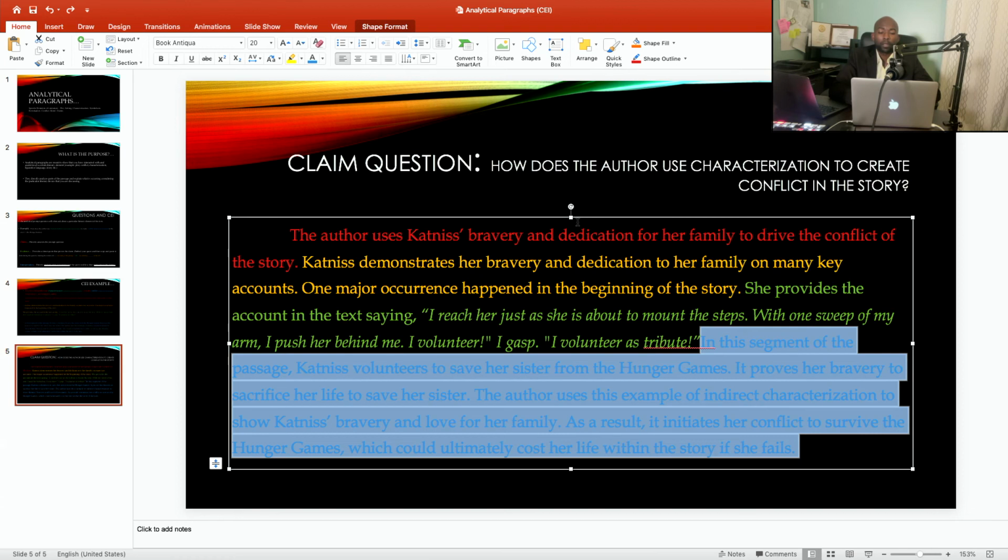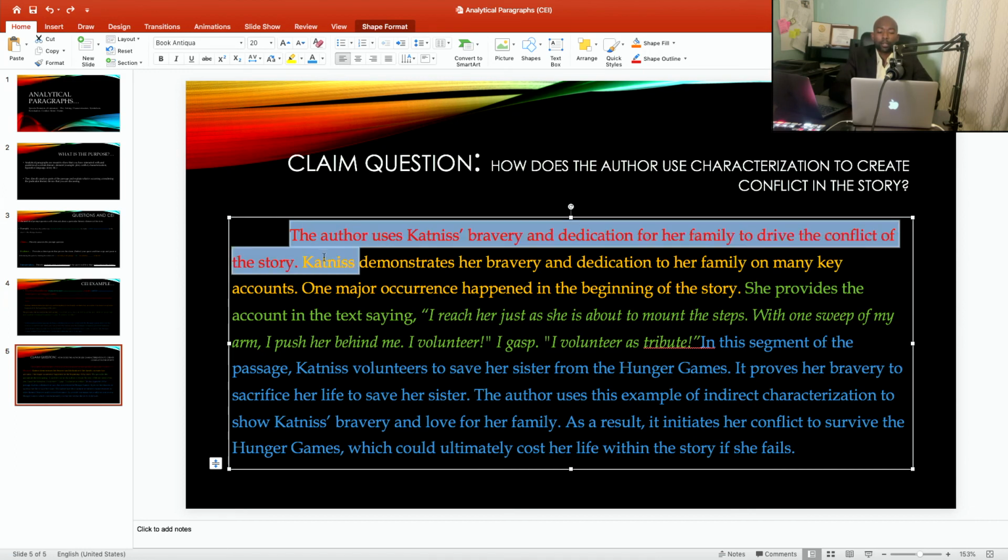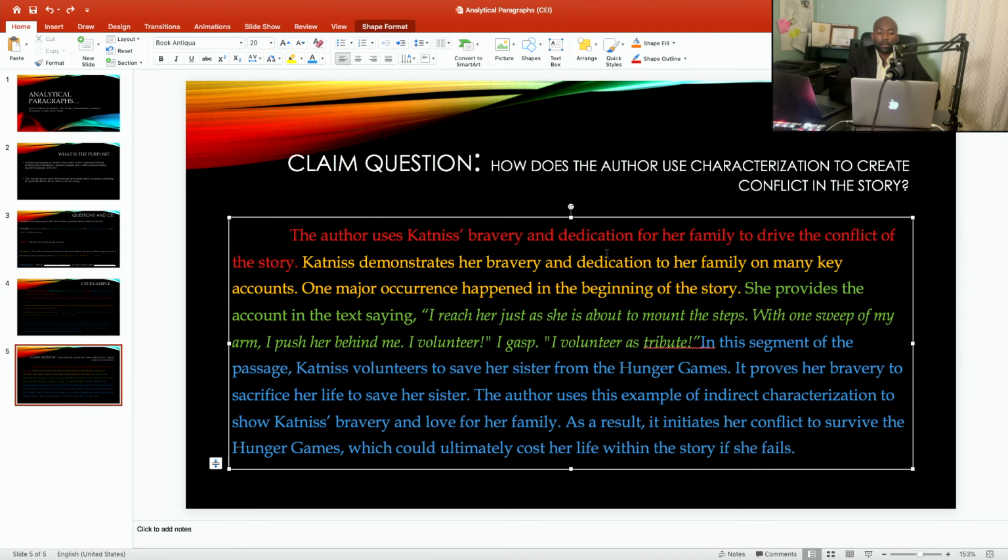I'll just read it through. It says the author uses Katniss's bravery and dedication for her family to drive the conflict of the story. Katniss demonstrates her bravery and dedication to her family on many key accounts. One major occurrence happened in the beginning of the story. She provides the account in the text saying, I reach her just as she's about to mount the steps. With one sweep of my arm, I push her behind me.